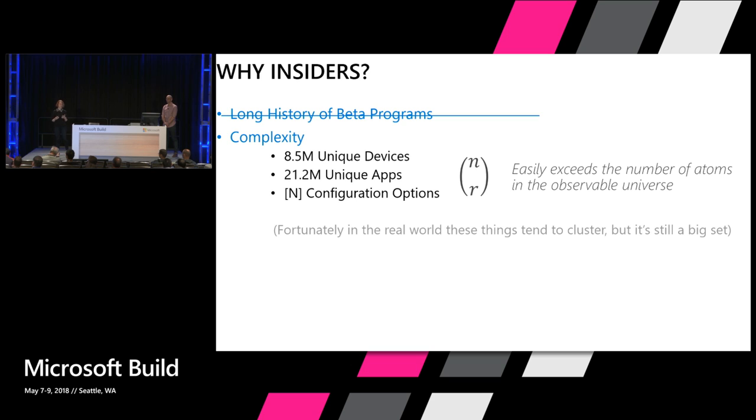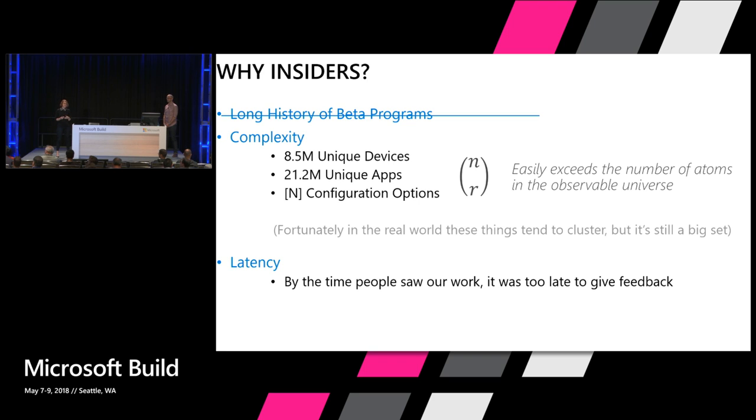Now, that clusters, so it's not actually as large as that makes it sound, but it's a large set of complex configurations and unique clusters that we would lose visibility to if we were just doing automated lab testing. Automated lab testing is never going to catch that level of diversity in the ecosystem. So Insiders is critical for finding clusters that we never knew existed.